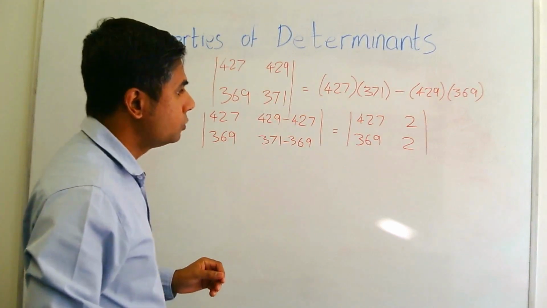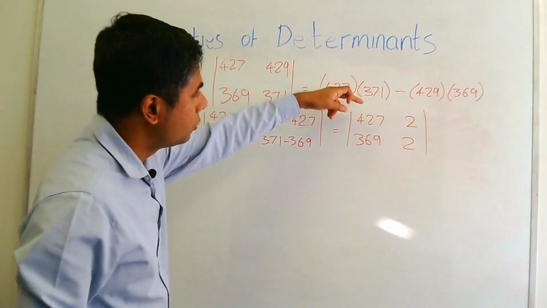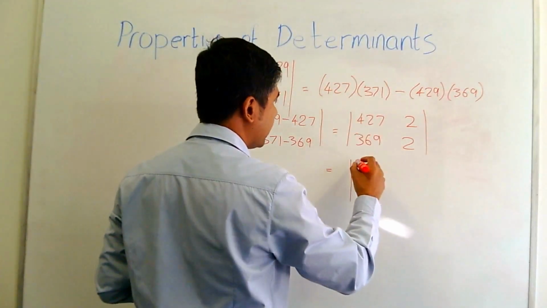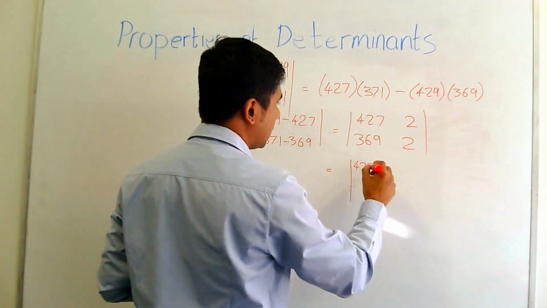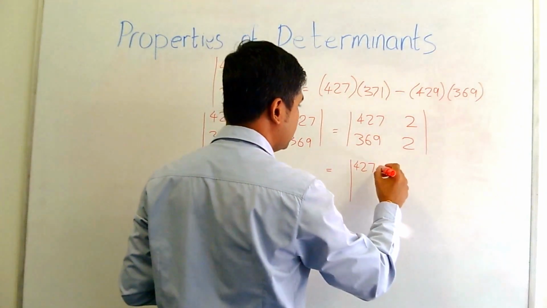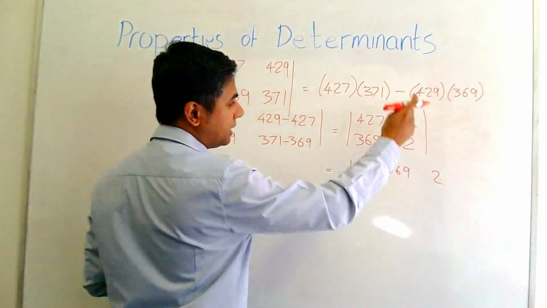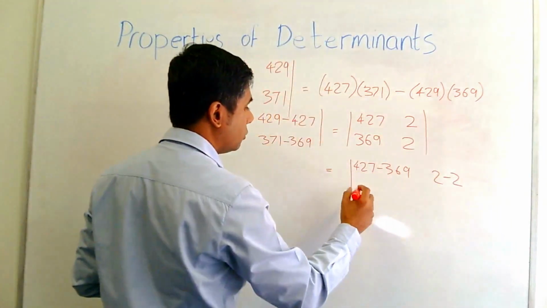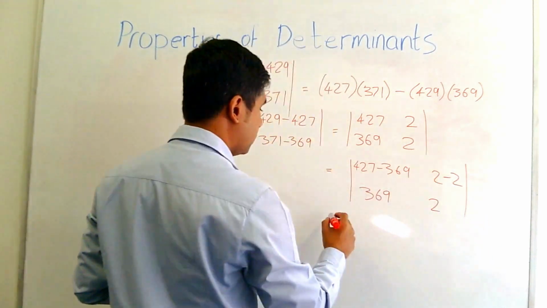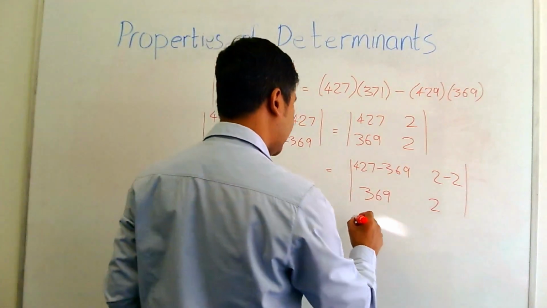Now we can take row 1 and subtract row 2 from it. So it will be 427 minus 369, and then 2 minus 2. And then row 2 will remain the same, 369 and 2. So what this is equal to is 427 minus 369 is 58.